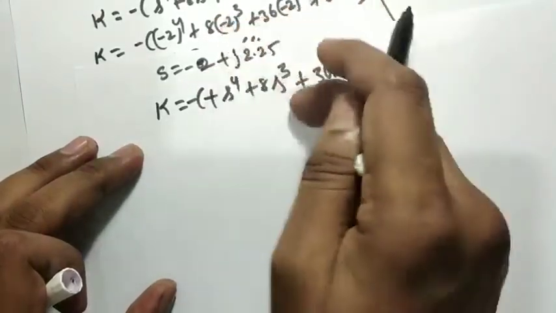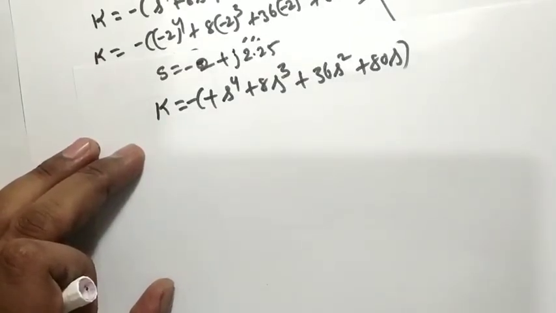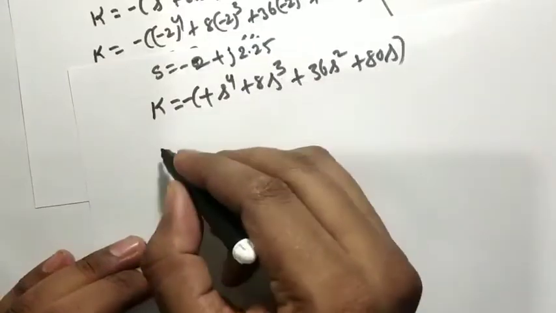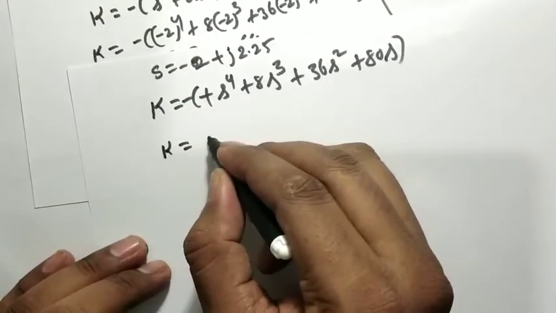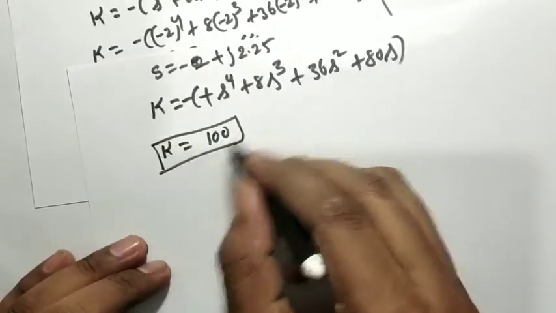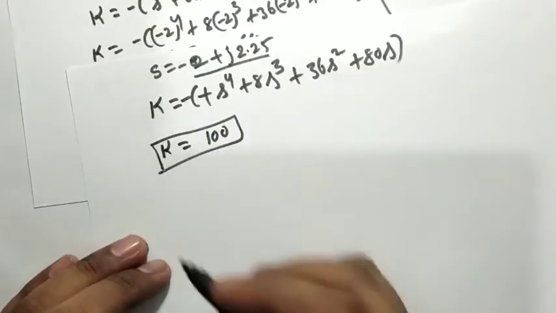You have to substitute in this equation, right? So when you substitute in this equation, you will get the k value, a positive value, about 100. So it's a positive value, so this is the breakaway point.